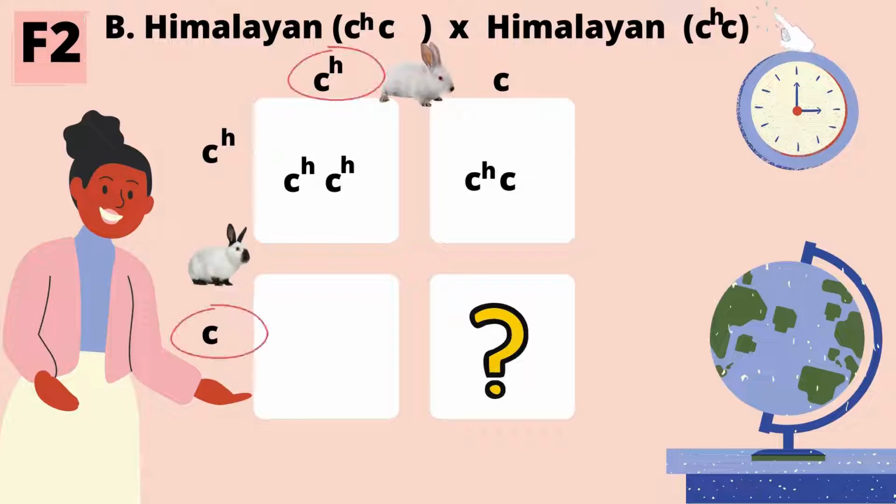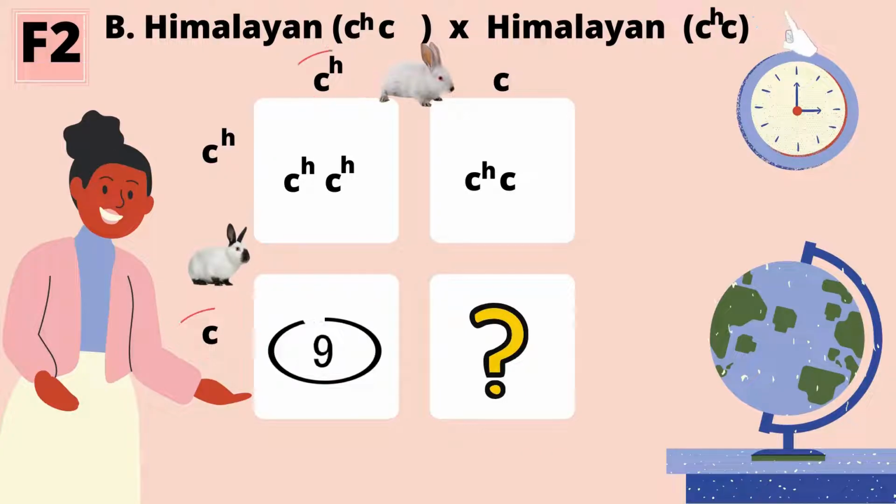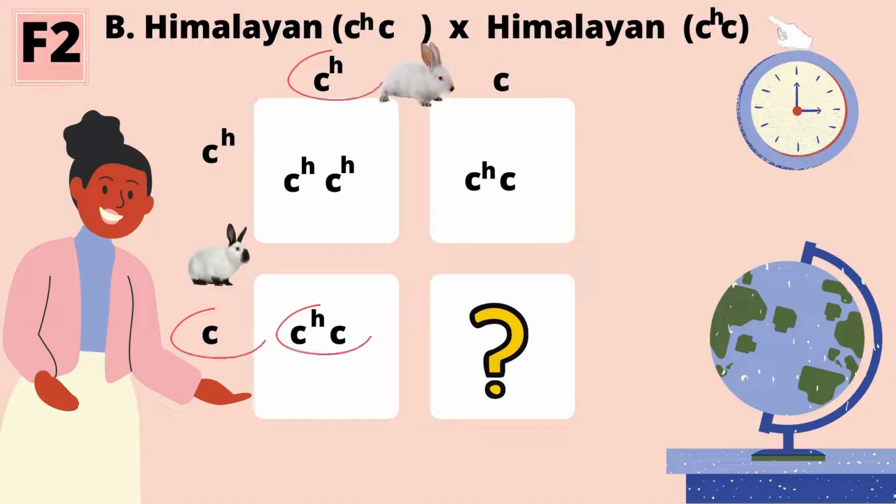Solve for the third square. Timer starts now. The answer is lowercase c with superscript h and small letter c.